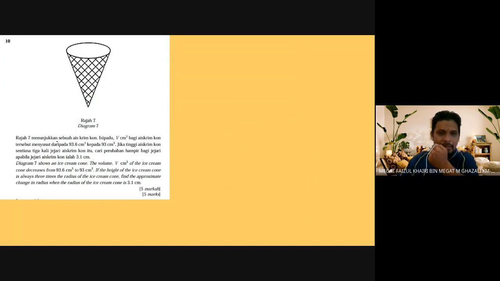Okay, so now class, for now we have an ice cream cone. The formula of a cone is 1 over 3 pi r squared times h. Pi r squared refers to the area of the surface of this circle here.